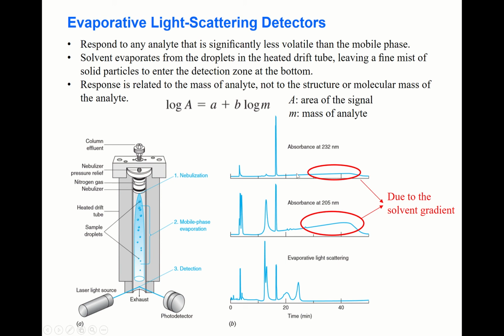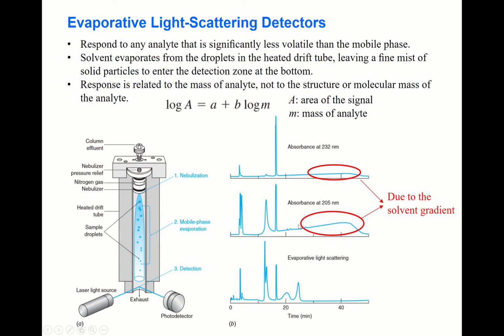Which means that some molecules don't absorb the UV light at 232 nanometers, but absorb UV light at this wavelength, 205 nanometers.